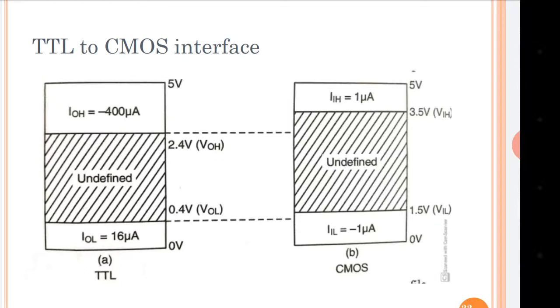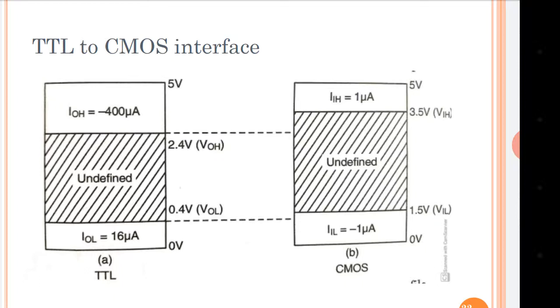The output voltage of a TTL in high level is 2.4 volt in the diagram, and what is the input voltage for the CMOS? That is 3.5 volt. That means the one which is considered high in case of TTL cannot be considered high in case of CMOS. So 2.4 volt in CMOS will be in the undefined range. So whenever a TTL gate is driving a CMOS, that means TTL is at the source side and the CMOS is at the load side, then what will happen?